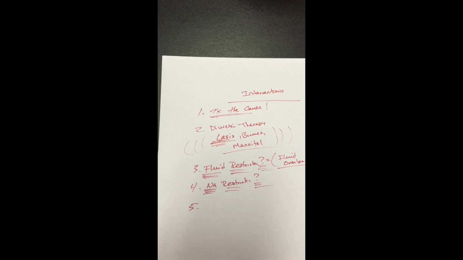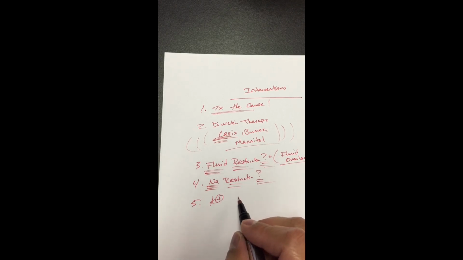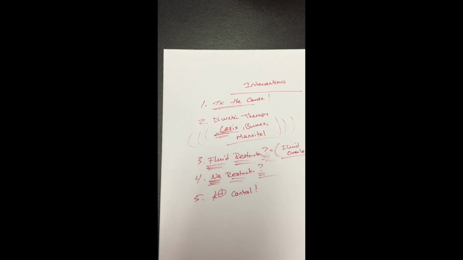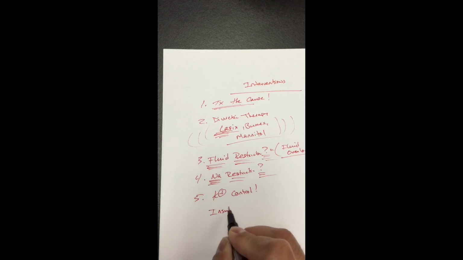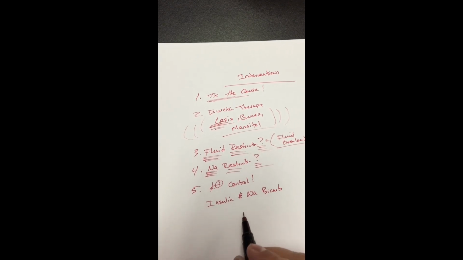Number 5, you want to control potassium levels. Now you can do this by different mechanisms, different ways. You can give insulin and sodium bicarb is one option.